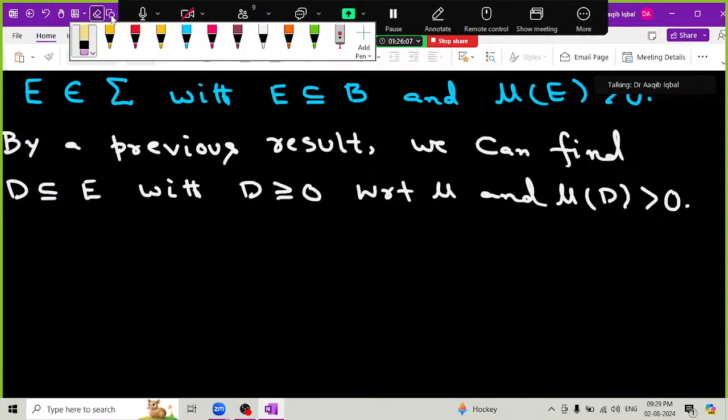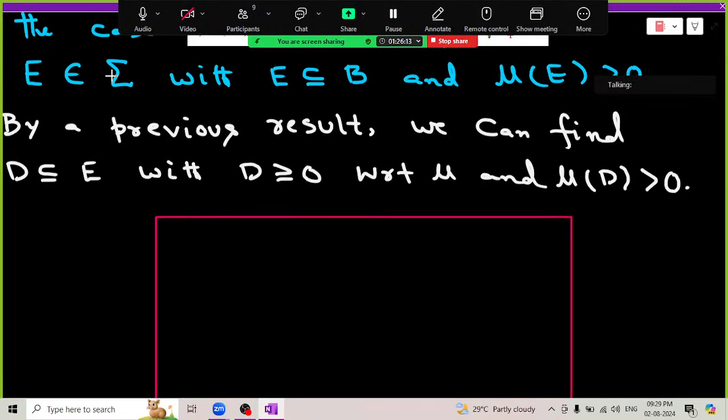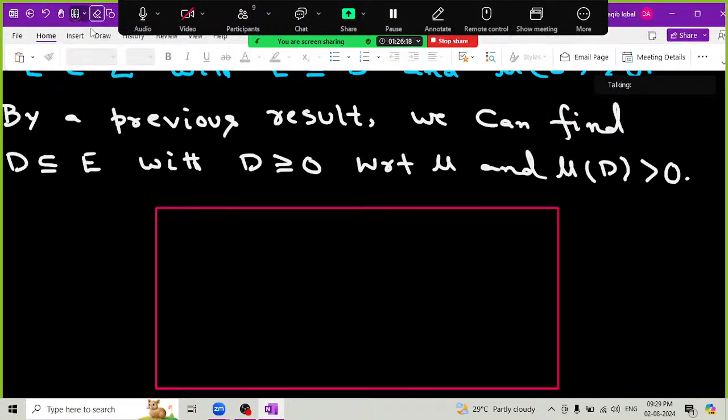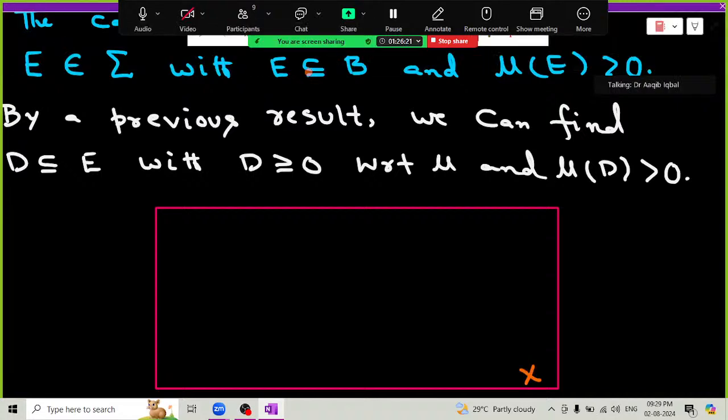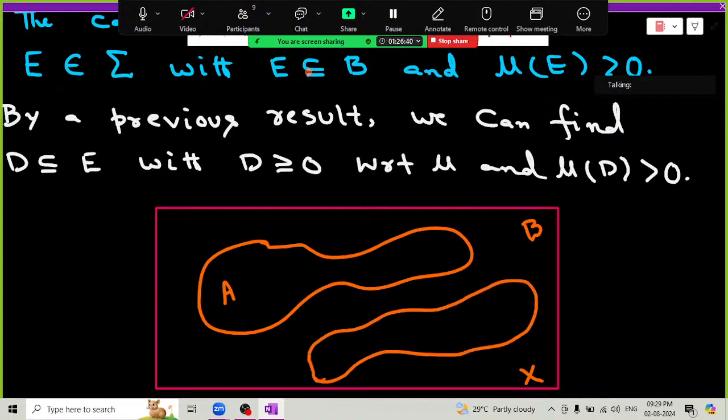अब x, this suppose is a, और इस a की जो बाहर वाली दुनिया है that is b. ठीक. और इस b के अंदर जो है वो e रहता है. और this is e, और e के अंदर जो है वो d रहता है.